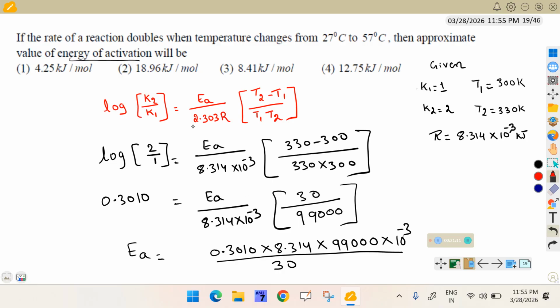Sorry, here I forgot 2.303. 2.303 into 0.303 into, simplify. Now you can simplify, then you will get 19.01 kilojoules. Nearby answer is 18.96. Mark 18.96.